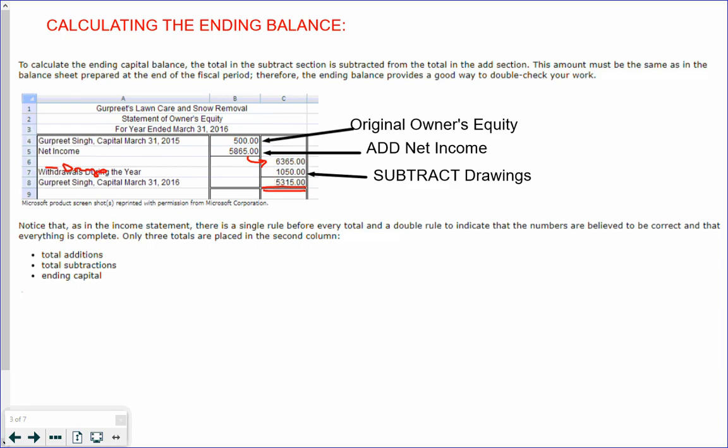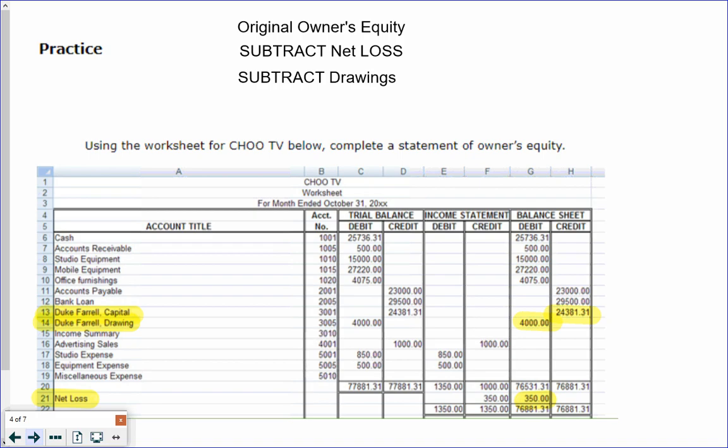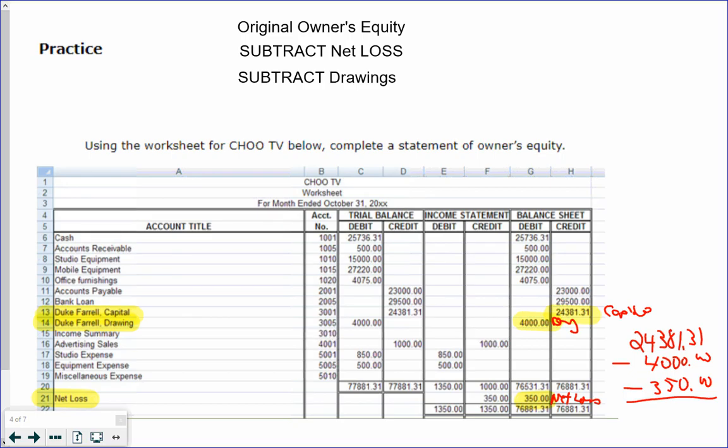Okay, here's another one. Again, this is capital, this is drawings, and this is now a net loss. If we were just doing this on a piece of scrap paper, you would take the capital, minus off the drawings, as well as minus off the net loss, because both of those are working against the company's worth.